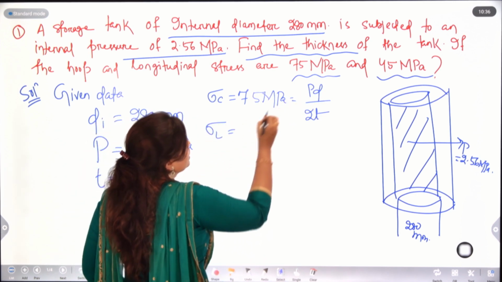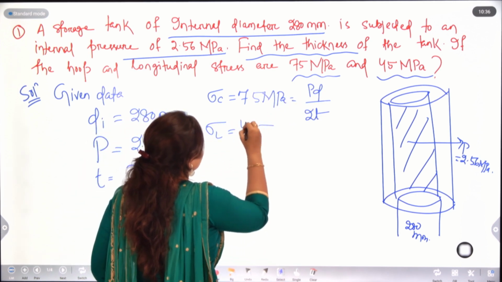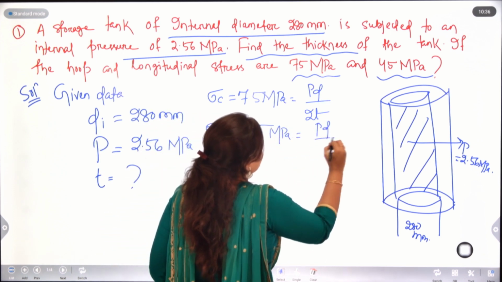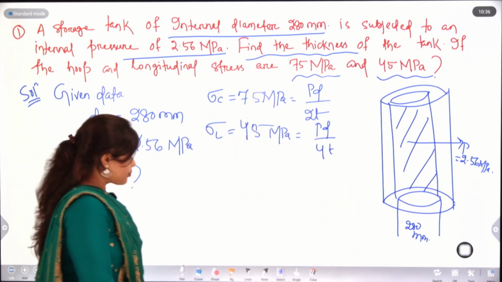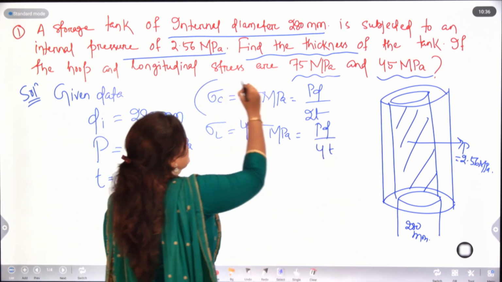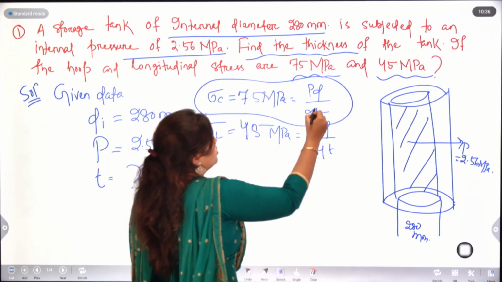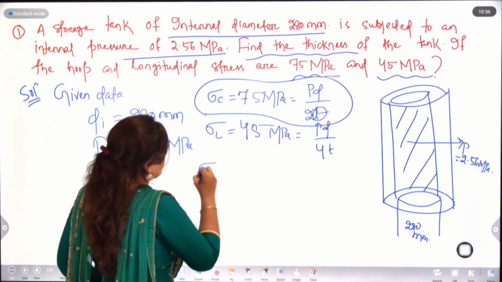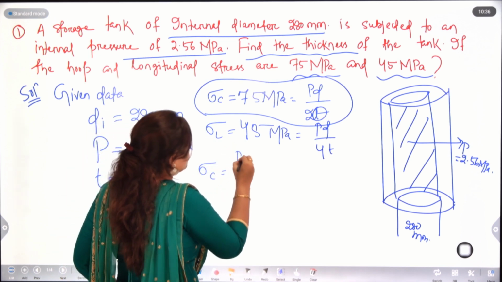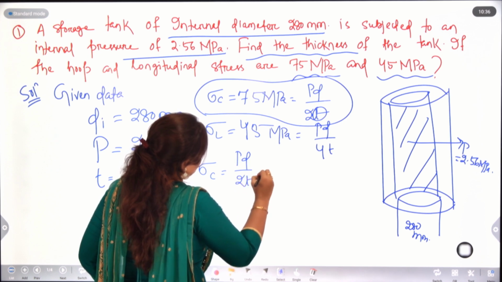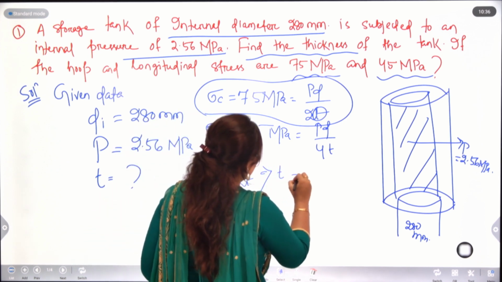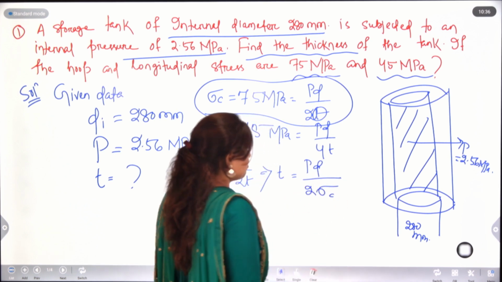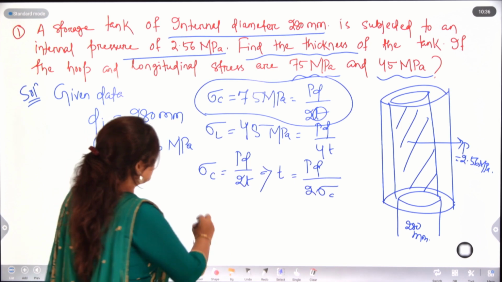Our sigma L equals 45 megapascal, that is PD upon 4t. So, by this we will find out our t. From sigma C equals PD upon 2t, we can write t equals PD by 2 into sigma C.